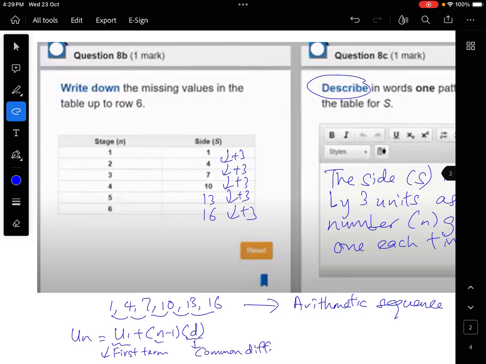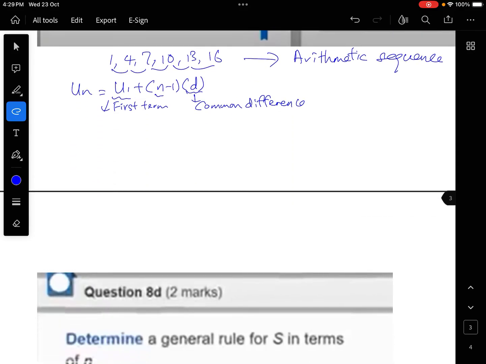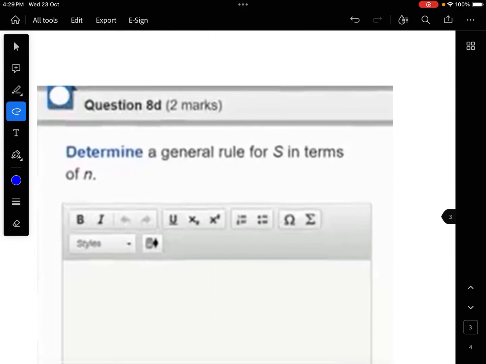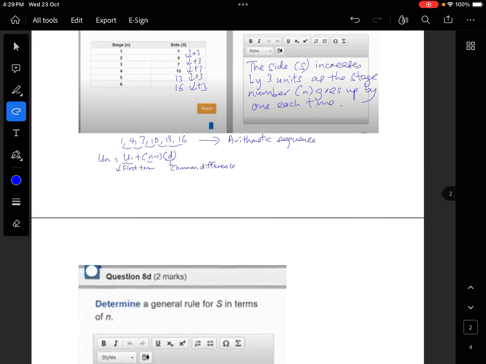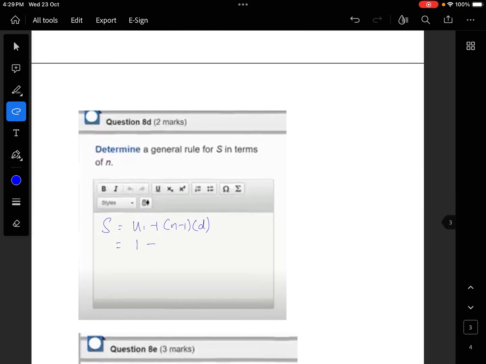So this formula obviously works very well. If you see an arithmetic sequence, that should be a pretty obvious way to find a general rule. I'm just going to go straight to finding the general rule. We could say that the general rule for S is going to be U1 plus n minus 1 times D. The first term is basically just 1, so 1 plus n minus 1 multiplied by 3.